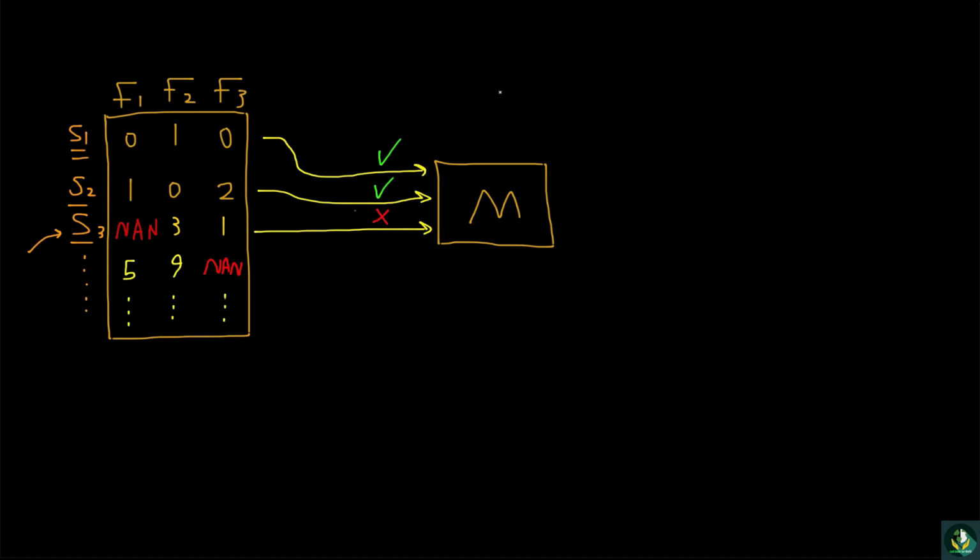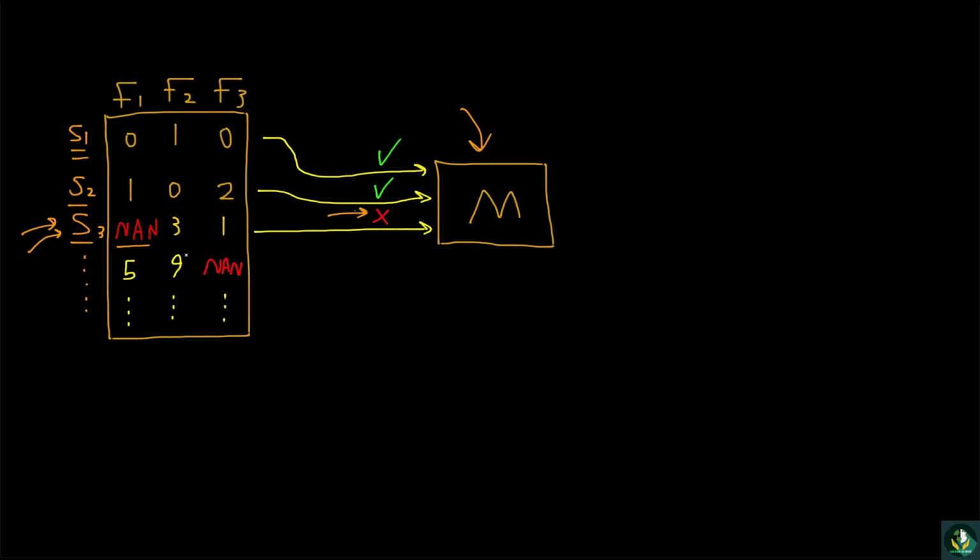When we pass this sample through our model, it will not be able to accept this sample as input. Why? Because we have missing values. The first feature in this sample is missing, a not a number value. So our model will not be able to accept this sample as input.